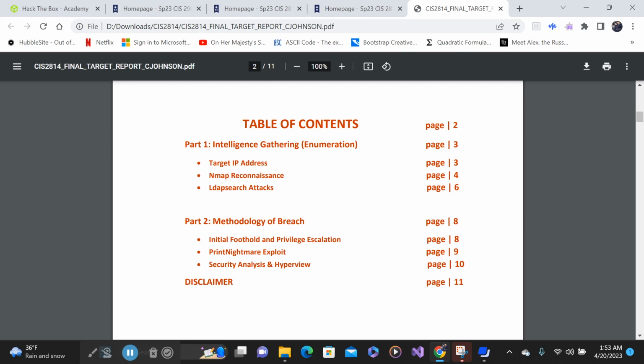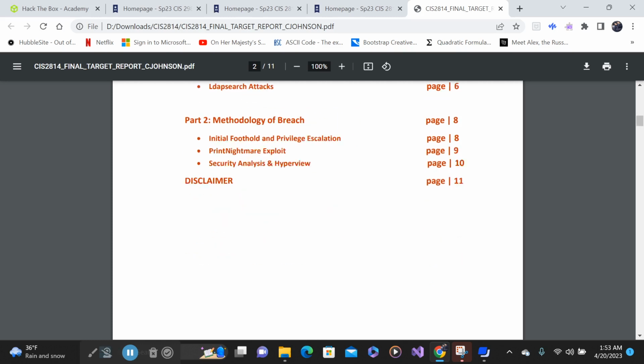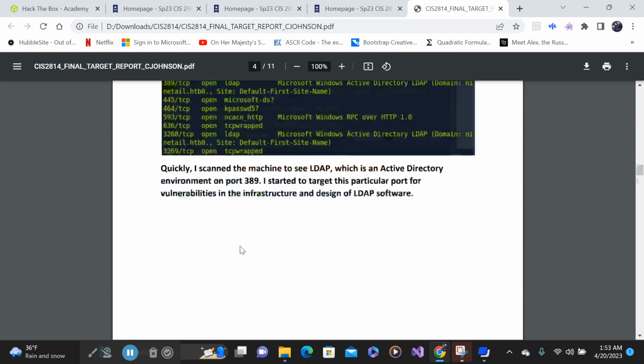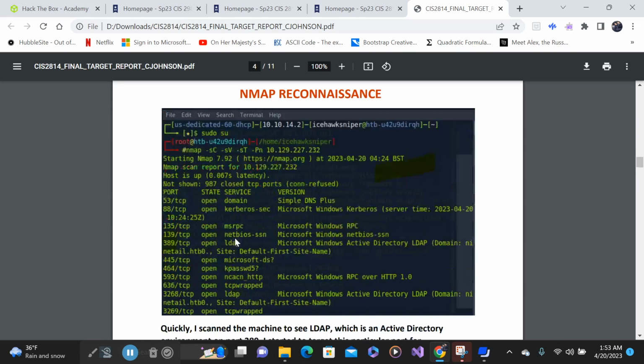And then my methodology of breach, I grabbed the initial foothold and went straight into privilege escalation. I grabbed the PrintNightmare exploit, security analysis, and hyperview to show some of the screenshots.